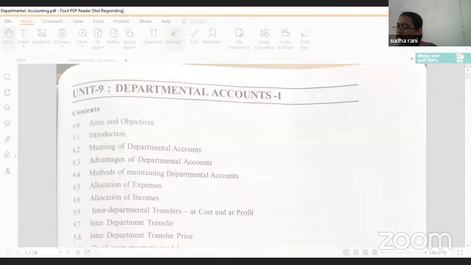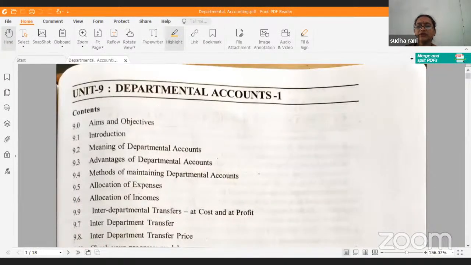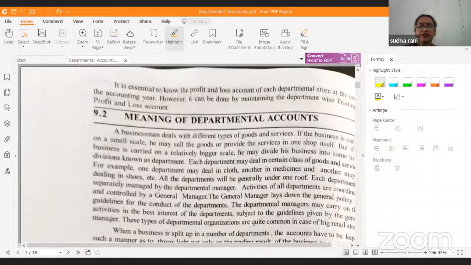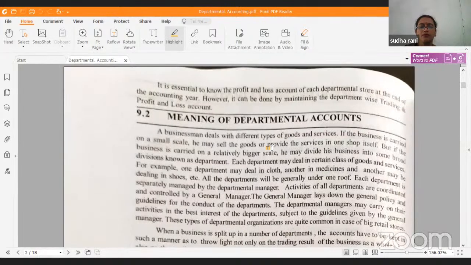Departmental stores deal with a businessman who deals with different types of goods and services under one roof, and provides certain services in the shop itself along with the goods to the customers.